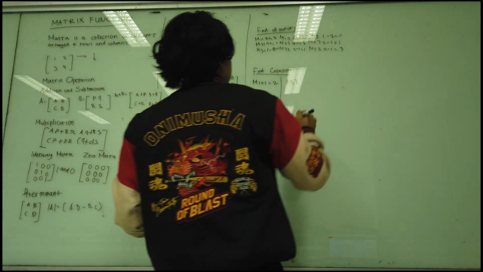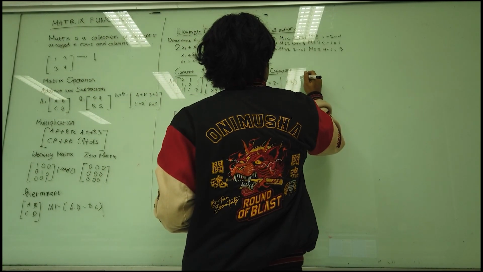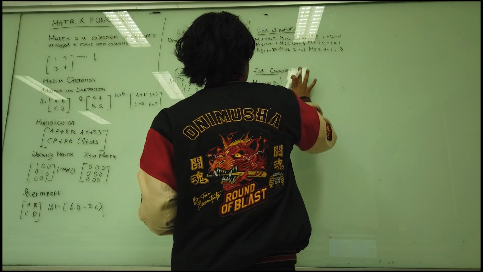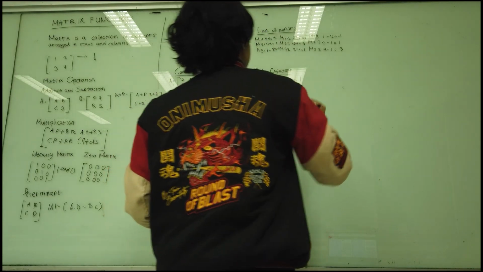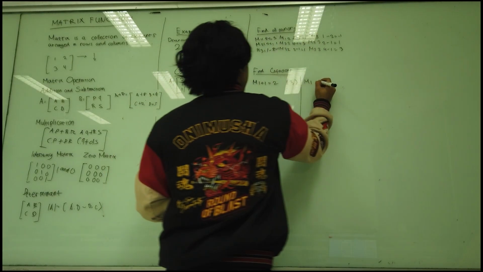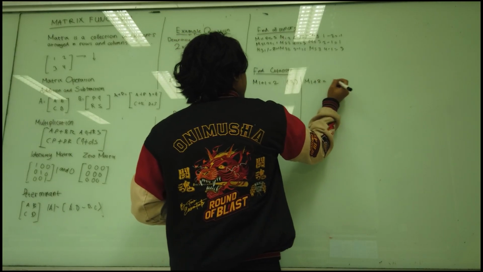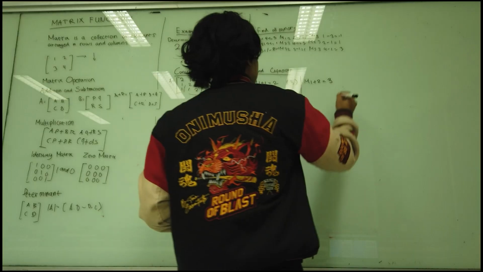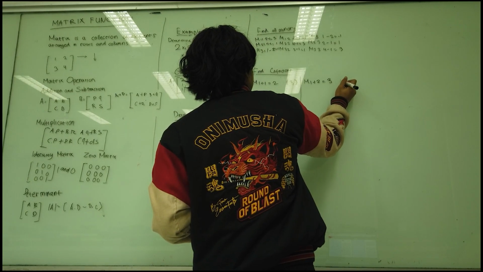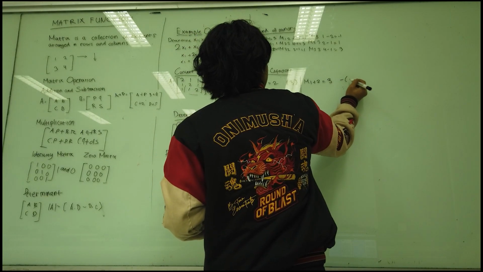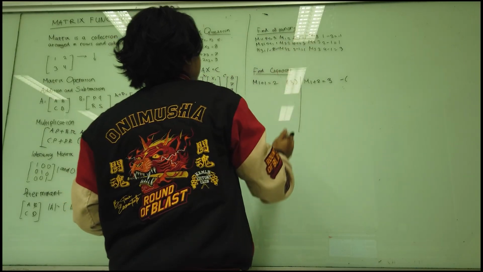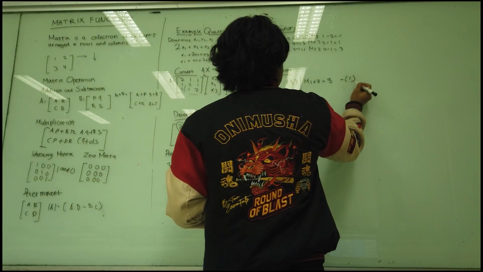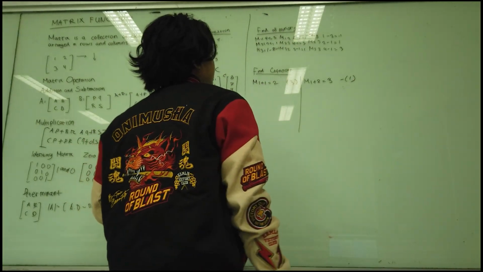And then next up, M12. 1 plus 2 is 3. This is odd, right? The result is 1, so we add a negative here. Negative of this one is 1, so it is negative 1.